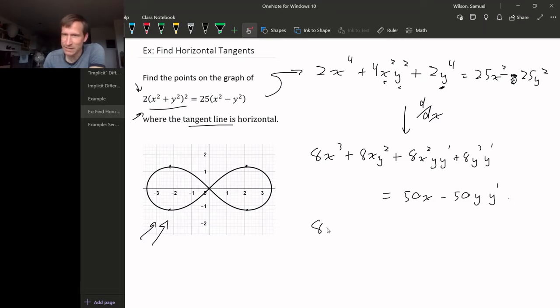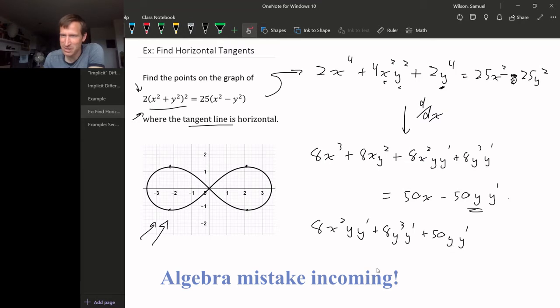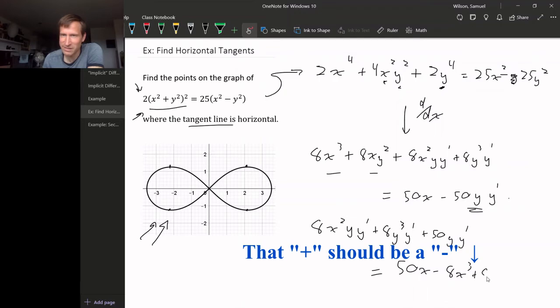So 8x squared y prime plus 8y cubed y prime, and then this term needs to come over, so plus 50y y prime equals, now these two terms have to go over, so 50x minus 8x cubed plus 8xy squared.